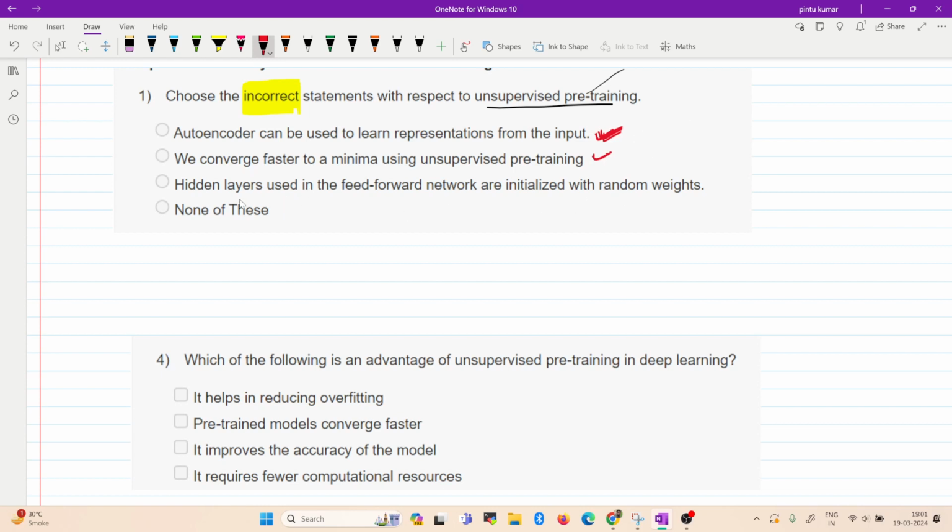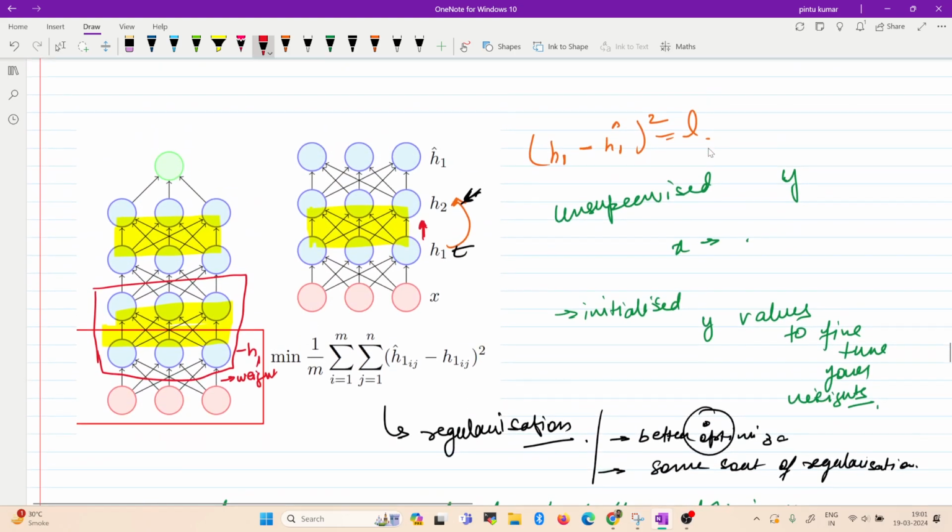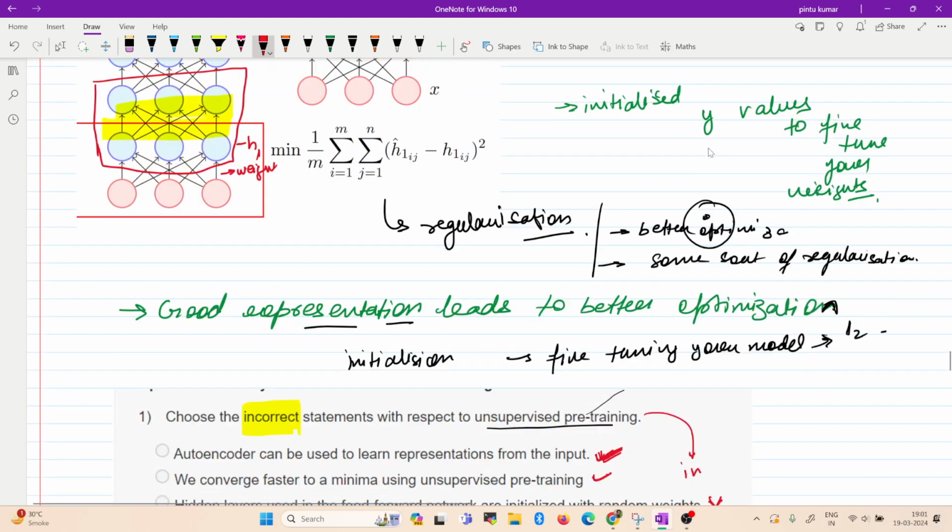Okay. Hidden layers used in feed-forward neural networks are initialized with random weights. This is incorrect. Why? Because the whole purpose of unsupervised pre-training is to initialize with some weights following some particular conditions. What is that condition? The condition is that the intermediate layers that we are getting are good representations.